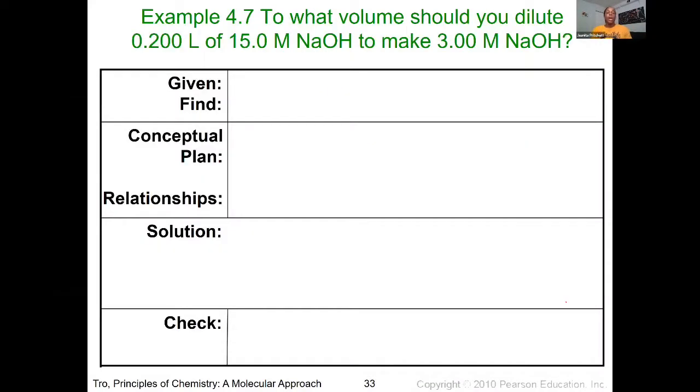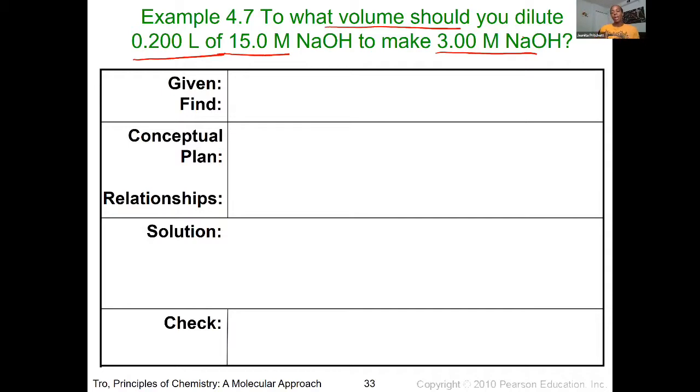If we try this example, it says, to what volume should you dilute 0.20 liters of 15 molar NaOH to make 3 molar NaOH? A lot is going on here, but it says to what volume, so we know we're solving for one of our V's.